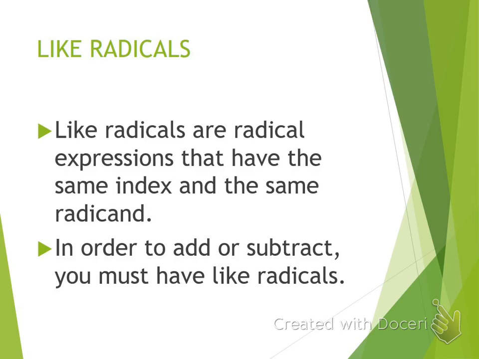Kind of like with terms, you have to have like terms in order to add or subtract them. The same thing applies with radicals. So the same index, meaning the same type of root. They both have to be square roots. They both have to be cube roots. But you also have to have the same exact number underneath the radical.